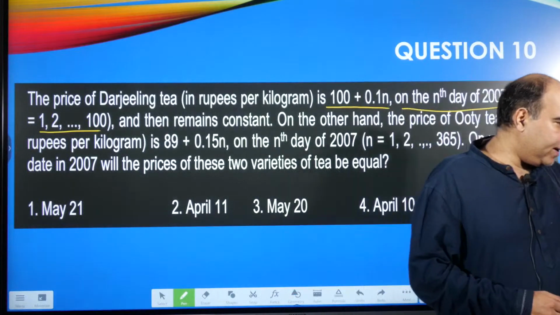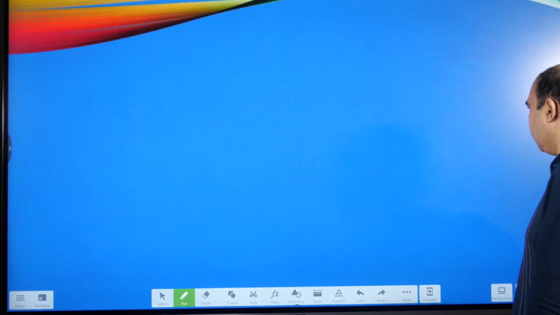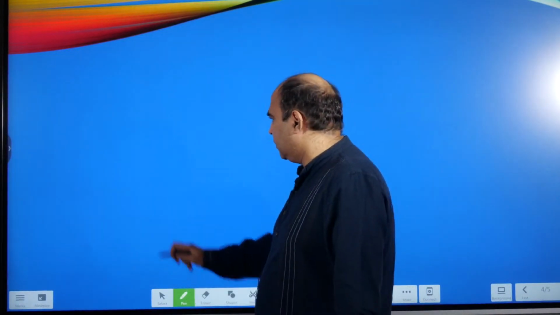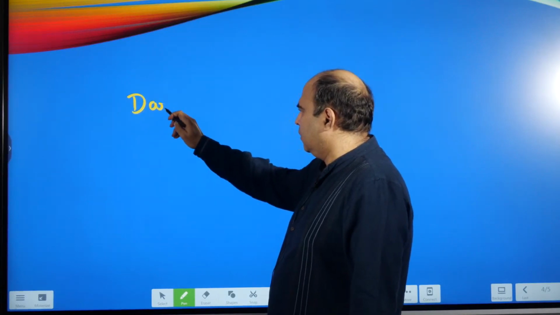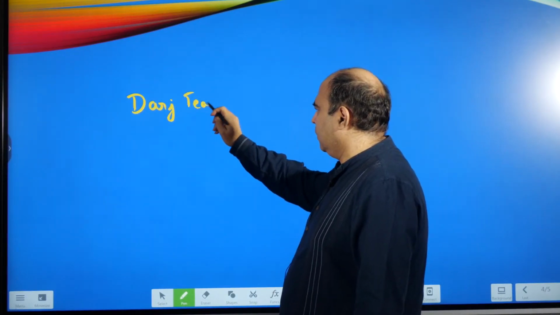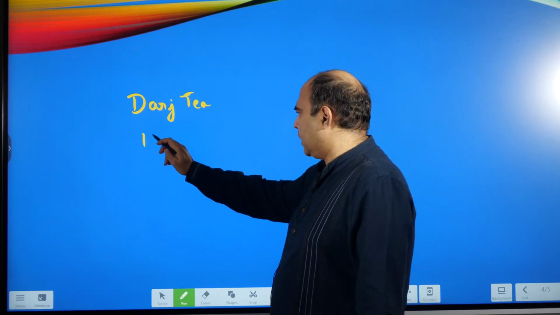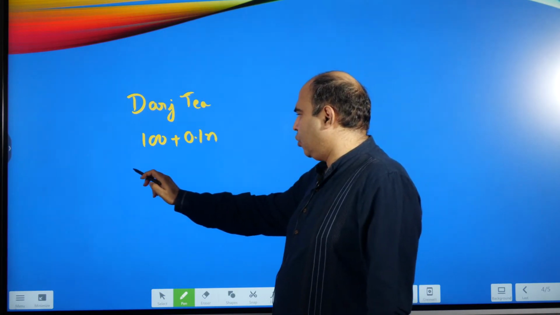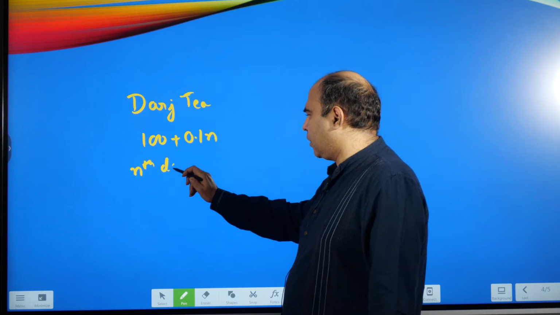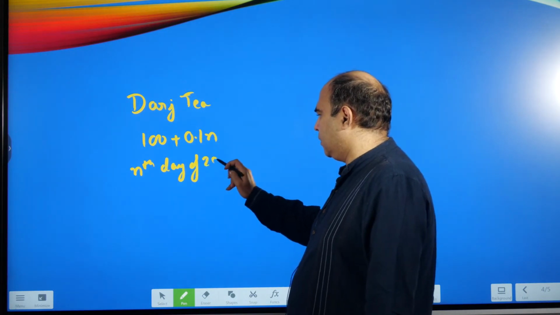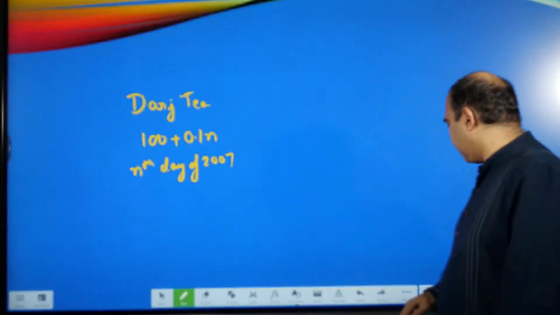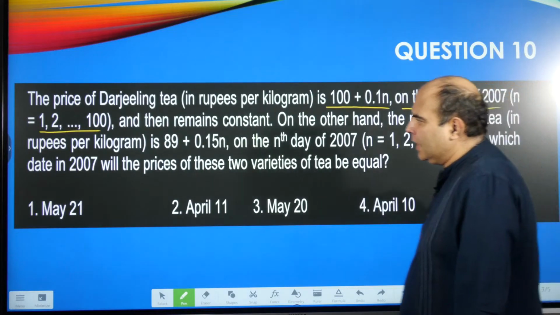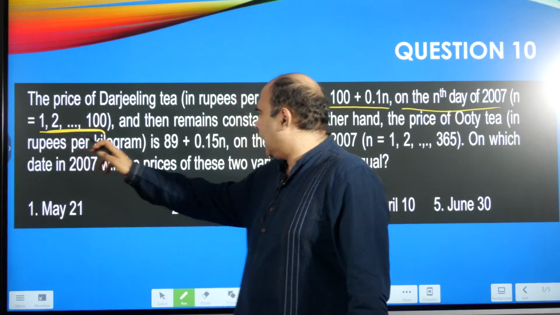When you read this part, what you have to understand is that the price of Darjeeling tea is 100 plus 0.1 N on the nth day of 2007, and they have qualified this function by saying that N equals 1 to 100 and then remains constant.